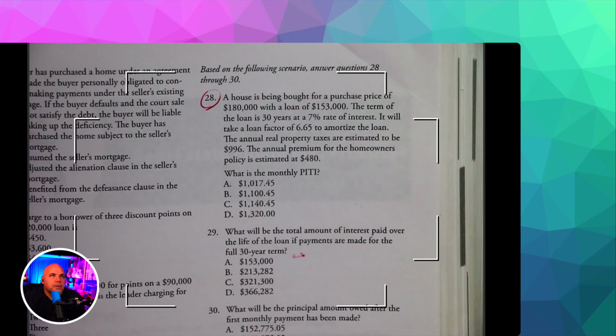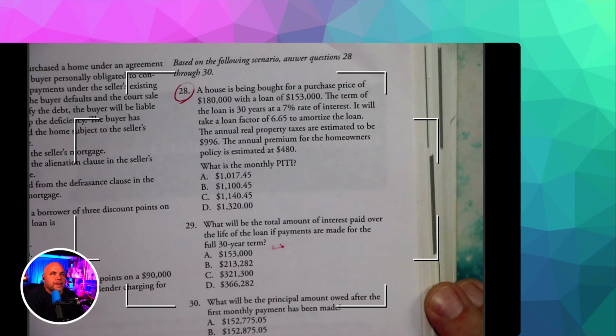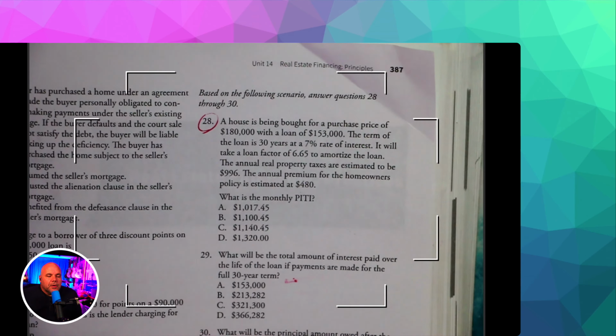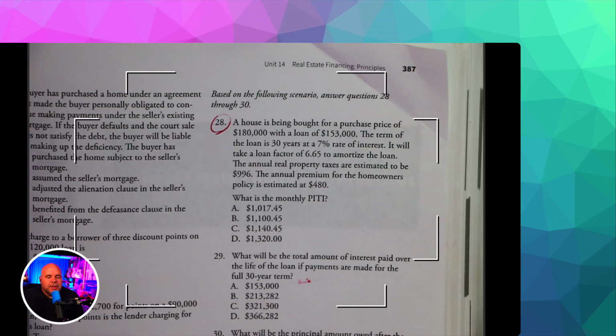What do you think that we need to do for this? So let's see, loan amount divided by 1,000. Yep, times the factor. That's going to give us our monthly P and I.